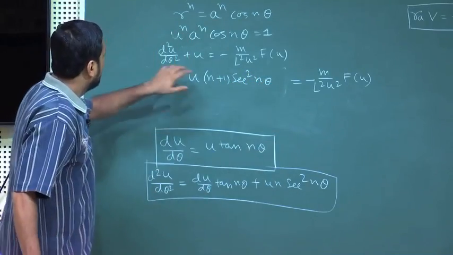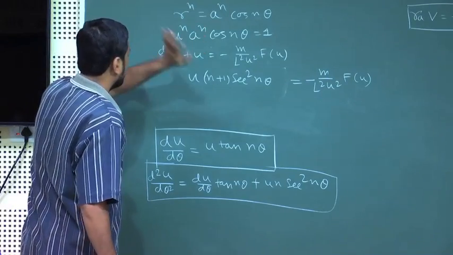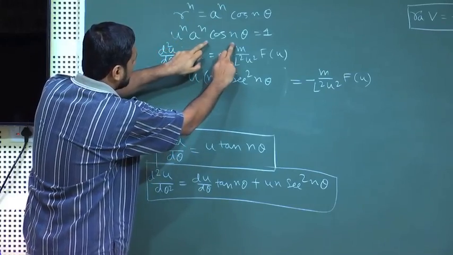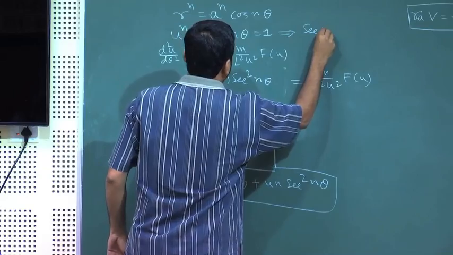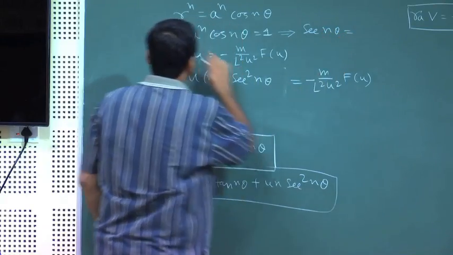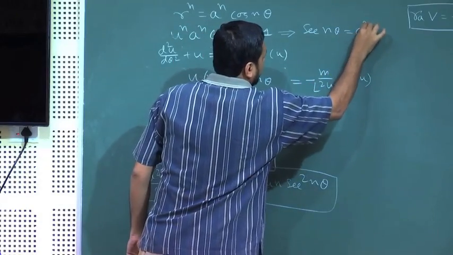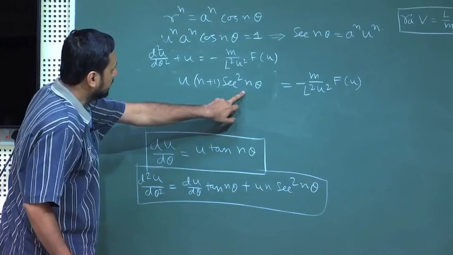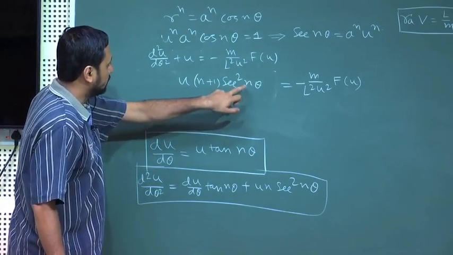So, I removed it, sorry. Once again, if we look into the expression for sec n theta from this relation, sec n theta is simply a to the power n u to the power n. If we substitute it here, we immediately get a to the power 2n u to the power 2n.